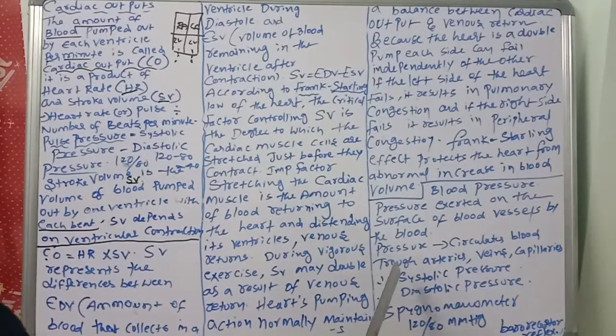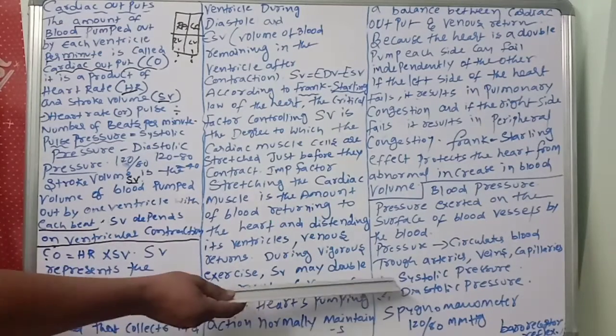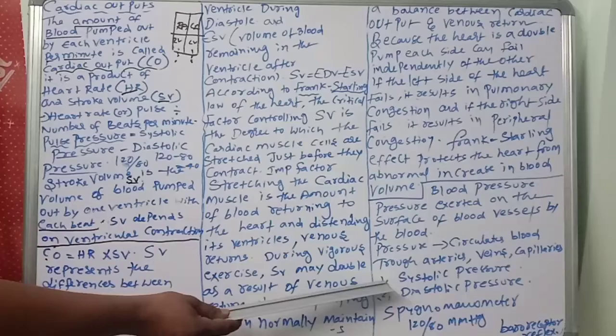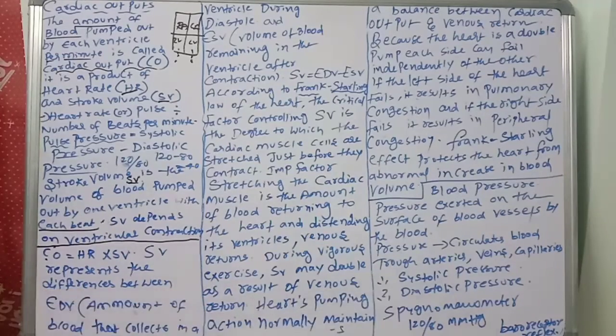Next, there are systolic pressure and diastolic pressure. What is systolic pressure and diastolic pressure? Systolic pressure is the pressure in the arteries as the chambers of the heart contract.